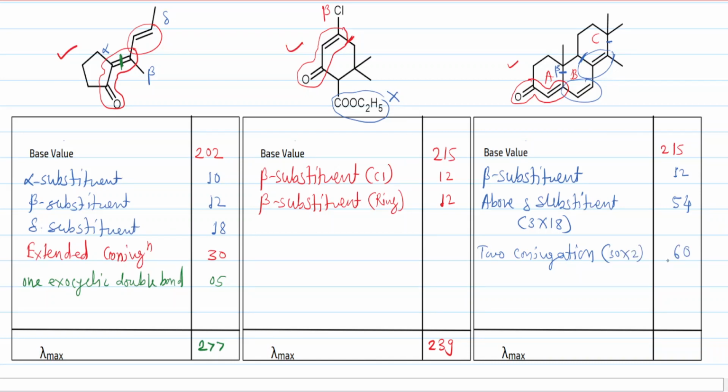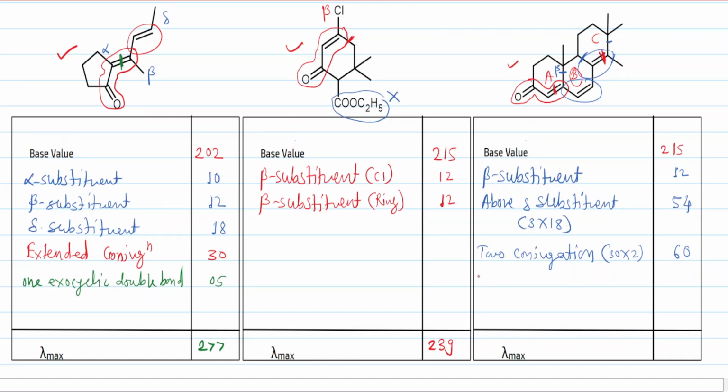Then the exocyclic double bonds. Now for ring A, no exocyclic double bond is present. For ring B, this is ring B, this bond and this bond, these two bonds are exocyclic.